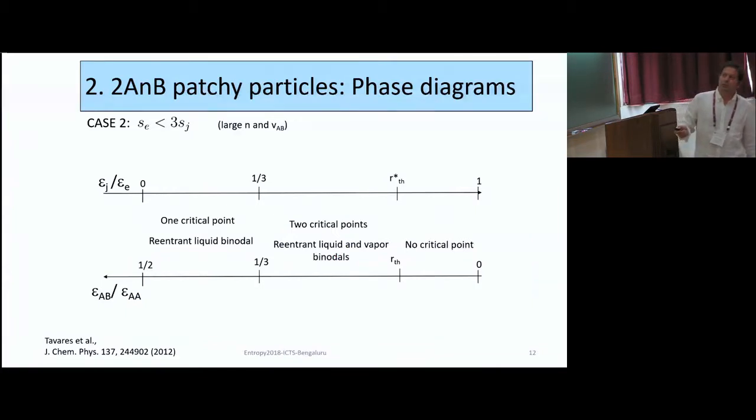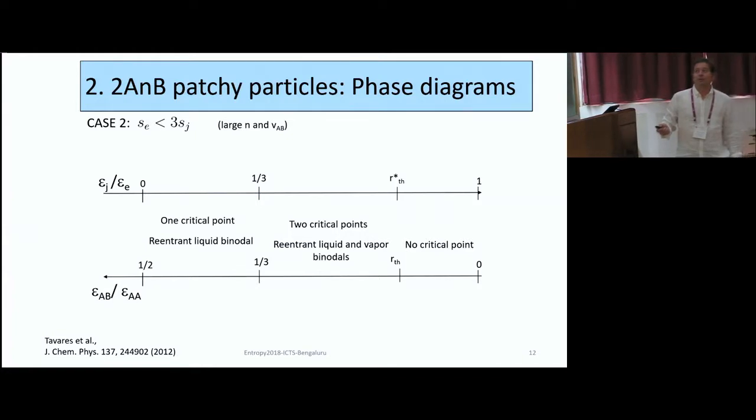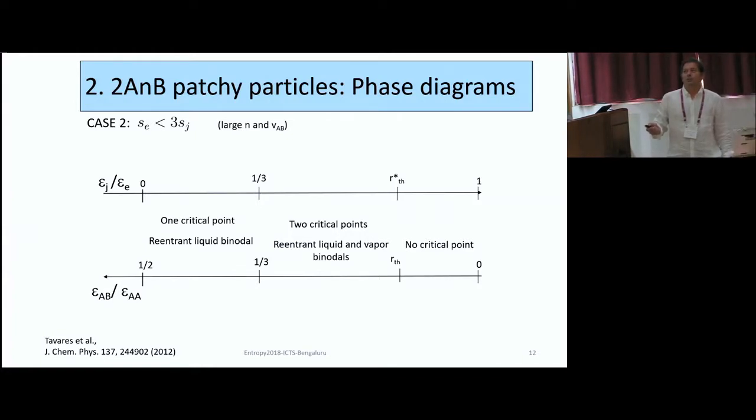So this case means that the junctions have more entropy than the ends. So this means that the junctions are also entropically favorable. You can only do this in very artificial models where you have to have lots of deep patches on the particle and have a very large AB. In fact, we are only able to do this on lattice versions of models of patchy particles.